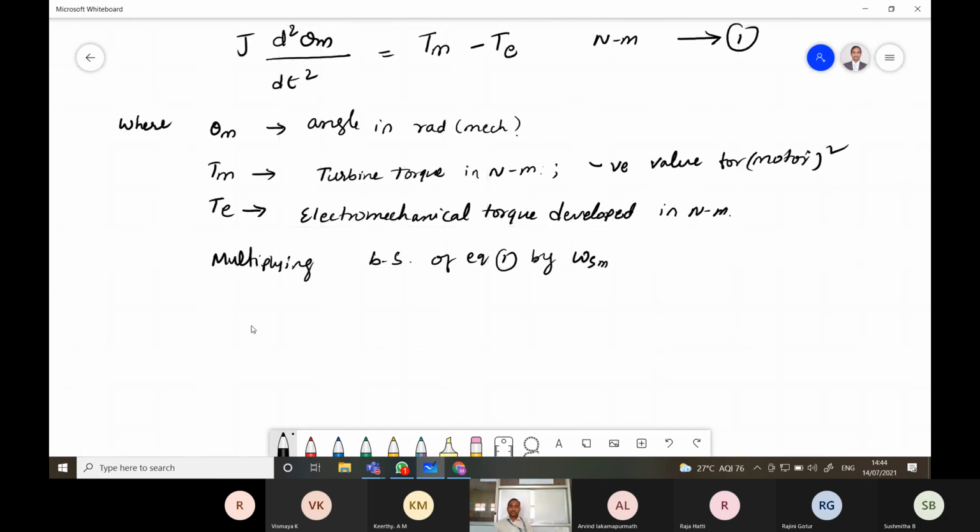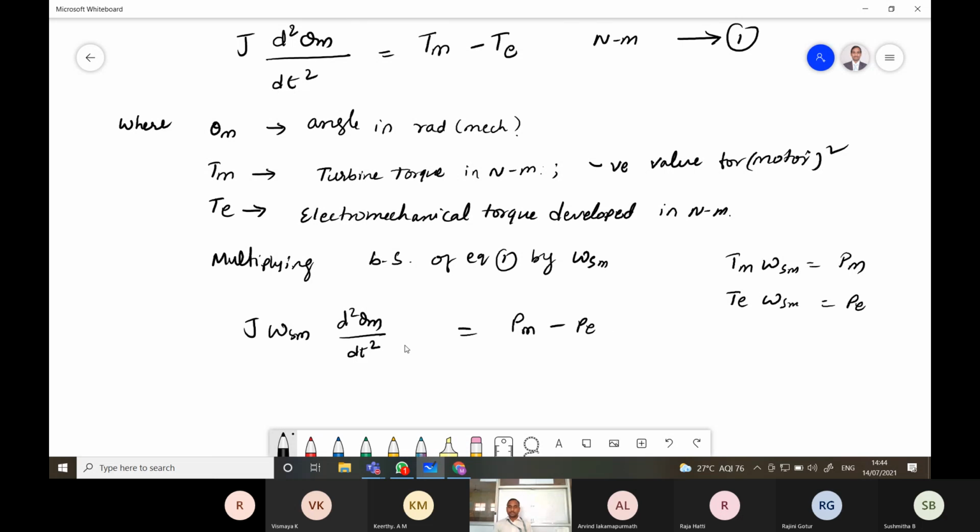J into omega sm into d square theta m by dt square equals Pm minus P, because Tm into omega sm is equal to Pm and T into omega sm is equal to P. Torque into omega gives the power.